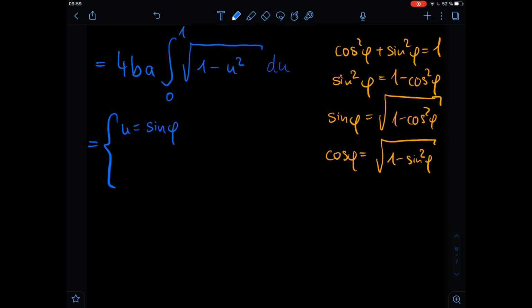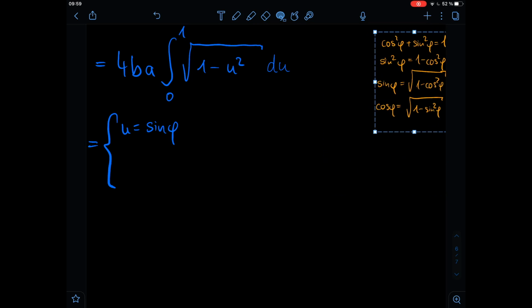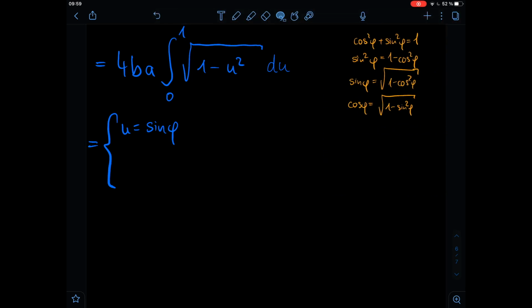And now of course we need to transform the limits of our integral again. So this means that phi is the arc sine of, not of phi, but of u. And this means that for u equal to 0, the arc sine of 0 is just 0.